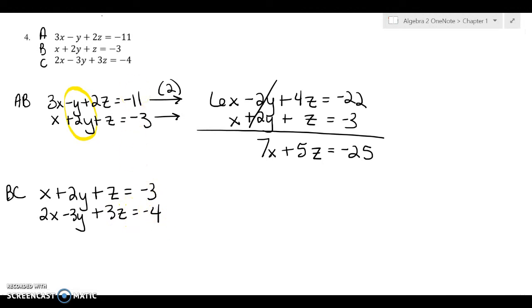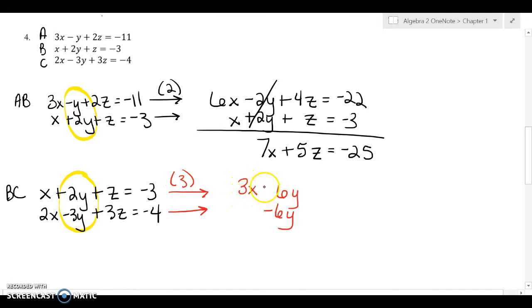Again, because I chose y's in the first problem, I have to get rid of y's here. And so I need to get them the same. I should have changed color, so I'm going to change now. And so I'm going to make them a 6y and a negative 6y. So the top one, I have to multiply everything by 3.